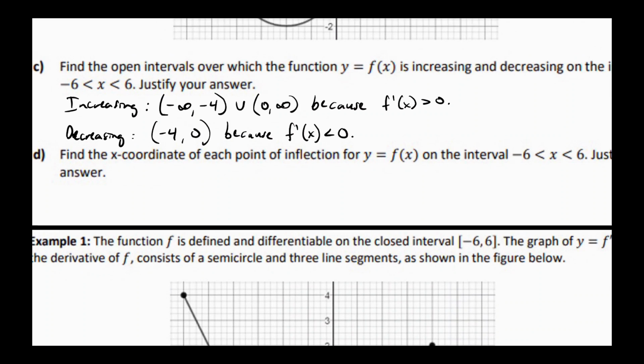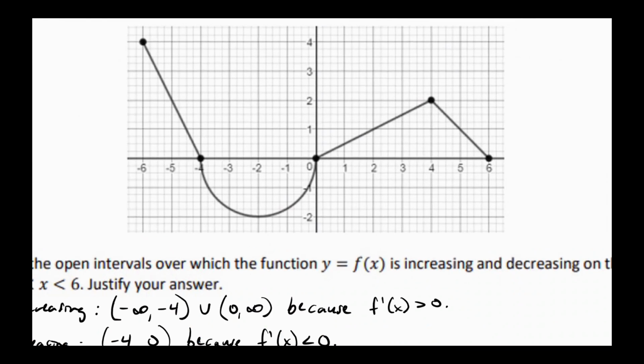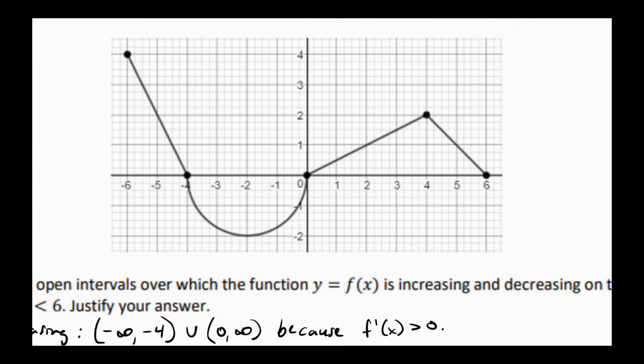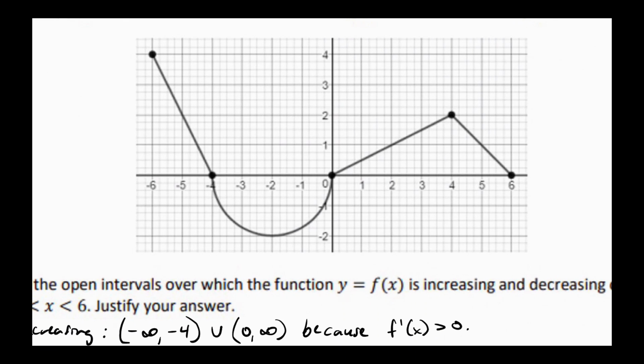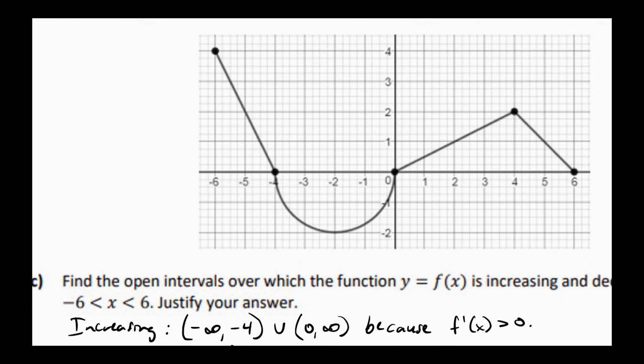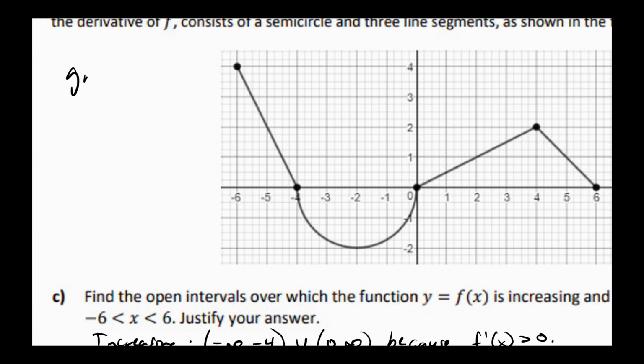I don't have an equation. I just have a graph. So how can I find the second derivative here? What is this graph representing? It's always good to tell yourself, what is this graph represent again? It represents the graph of f prime, right?